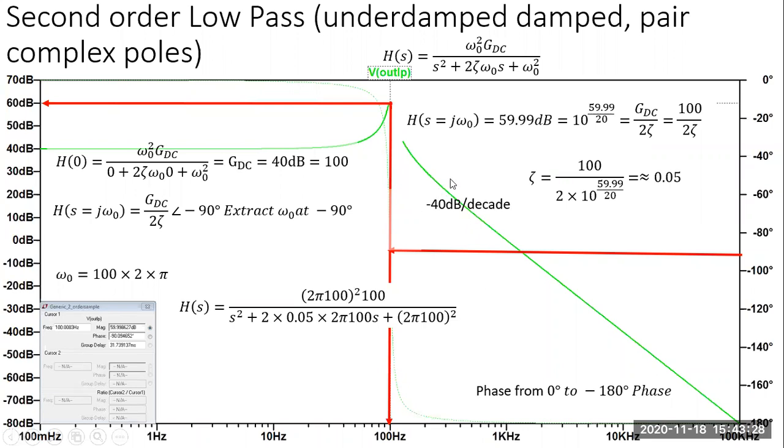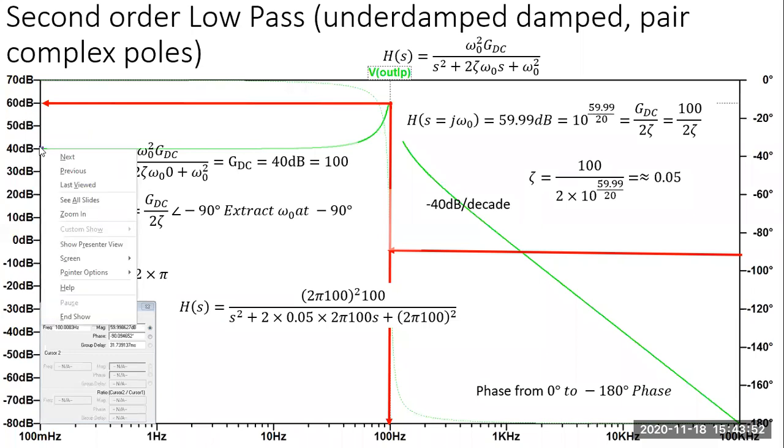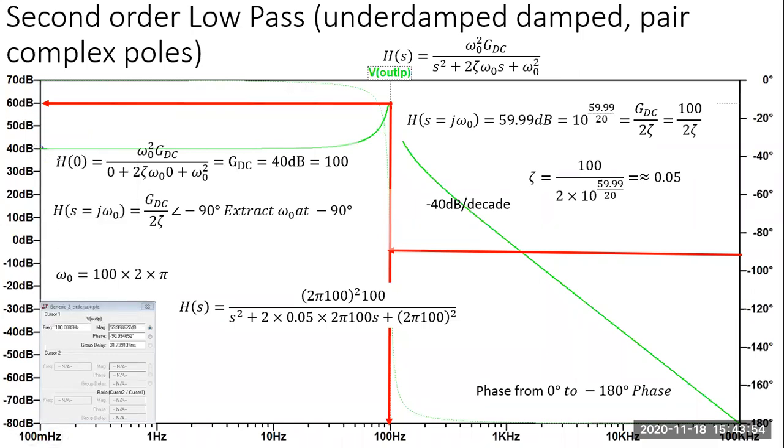Now in here, this region near the peak is certainly not, you know, -40 dB per decade, but out here it is, right? So again, we can just go from -90 over, read off 100 hertz. But you can still do the asymptotic Bode plot, but just from the extremes.